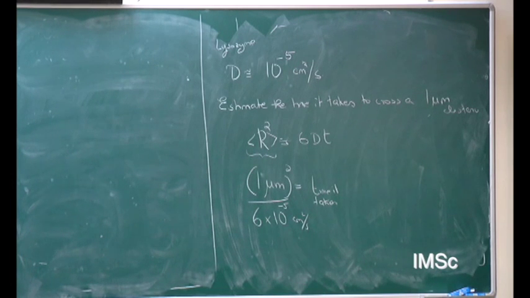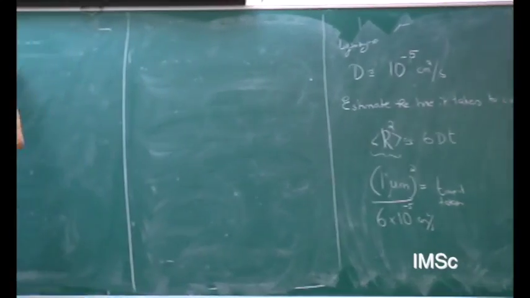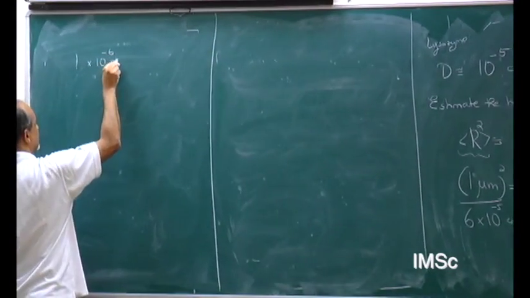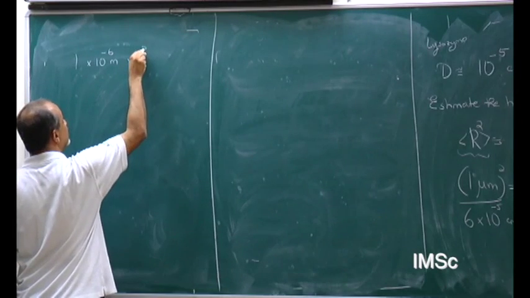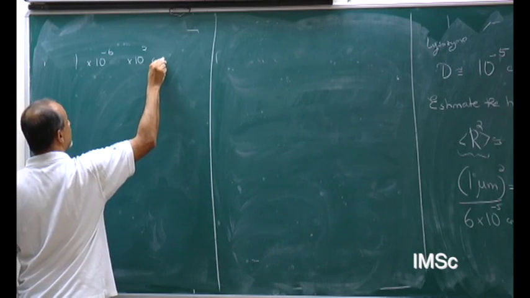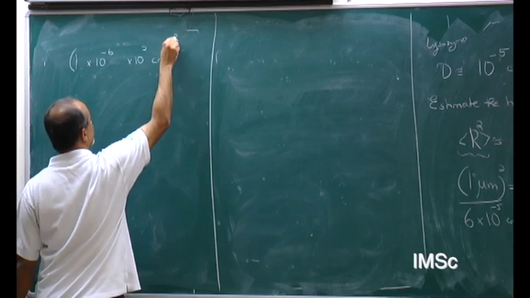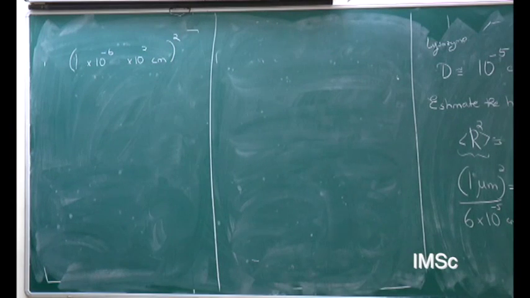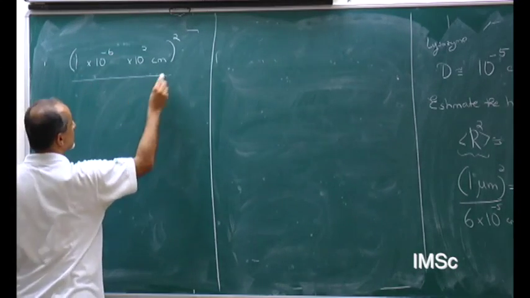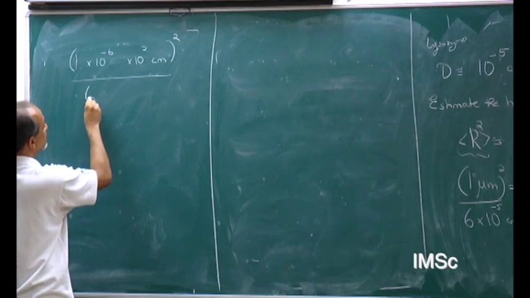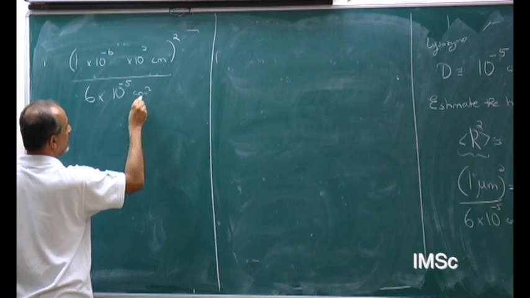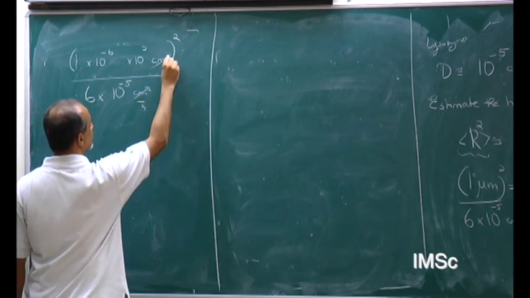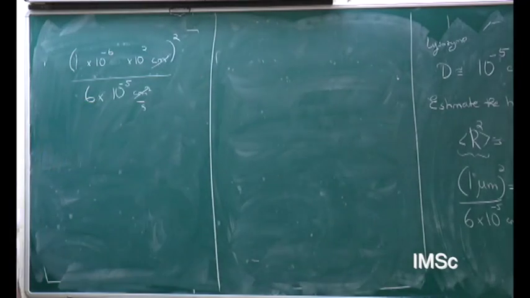So 1 micron squared is 1 into 10 to the power minus 6 meters squared. 1 meter is 10 to the 2 centimeters. So here I have centimeters squared. Is that correct? Over here I have the number 6 into 10 to the minus 5 centimeter squared per second. So the centimeter squared and centimeter squared will cancel. This will be a unit of seconds.